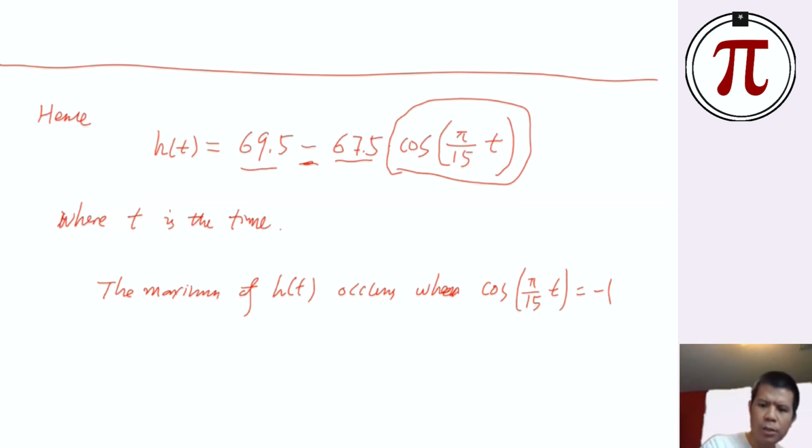Yes. Okay. Very good. So when will this one equal -1? All right. So it is pi over 15 times t. It must be positive. It equals pi or 3 pi or pi plus 2k pi.